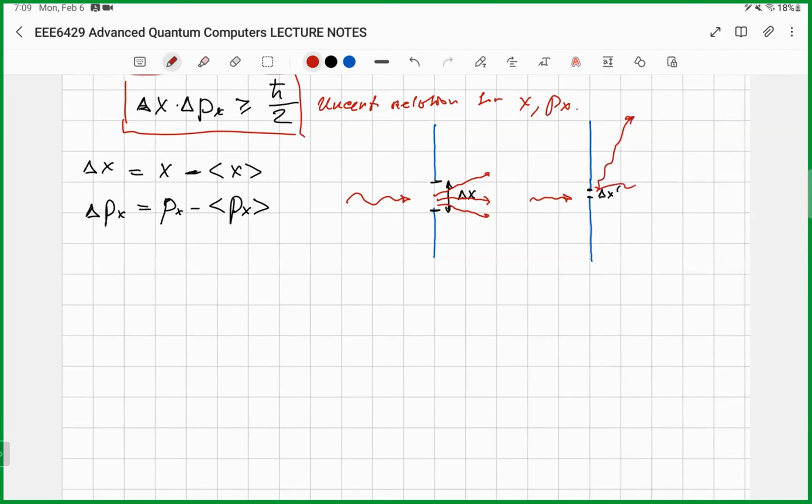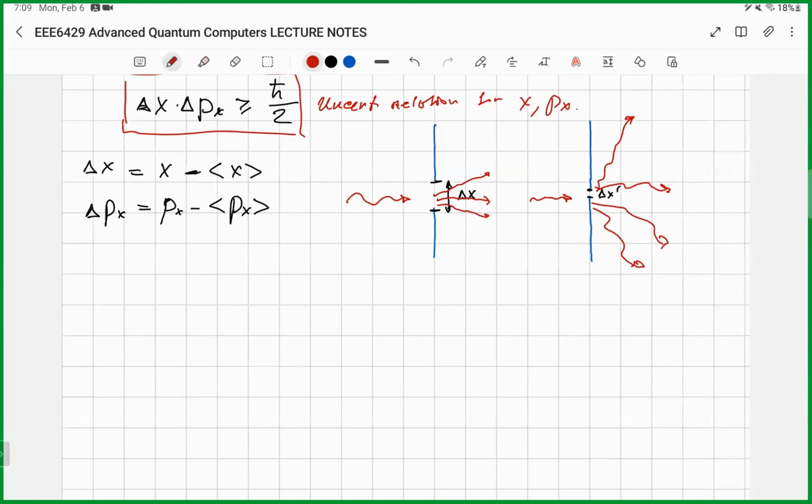But according to this uncertainty principle, what you will get in return is larger uncertainty in k. So basically your wave will propagate in a larger set of directions, to a larger angle.